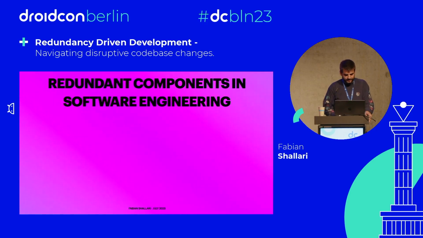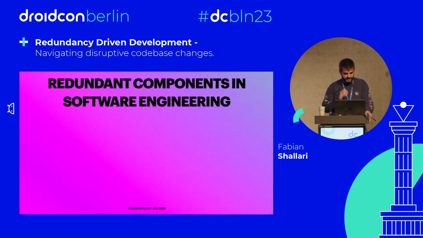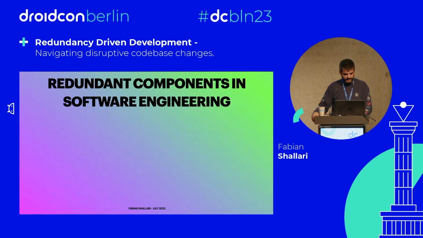All right, so to sum things up, how does this tie up with redundancy after all? We are trying to transition all these 10 million users from a legacy auth system to a new auth system. And in order for us to reduce the risk that this change brings, we introduce some redundancy in the system.